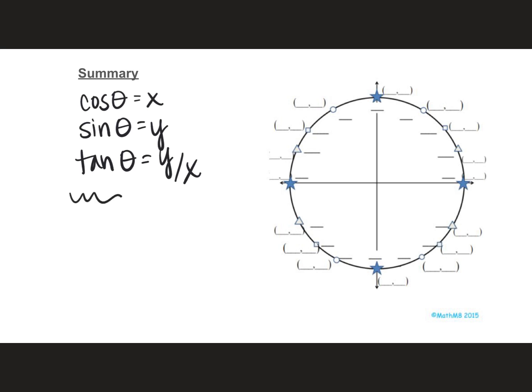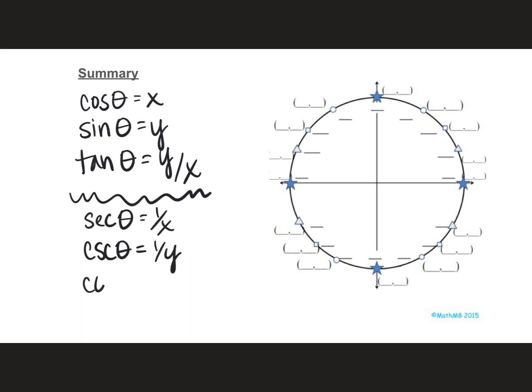And we're not really doing much with it, but you can make sense then of the reciprocal functions. So secant would be 1 over x. Cosecant would be 1 over y. And cotangent would be x over y. So really just worry about the main 3 trig functions there.